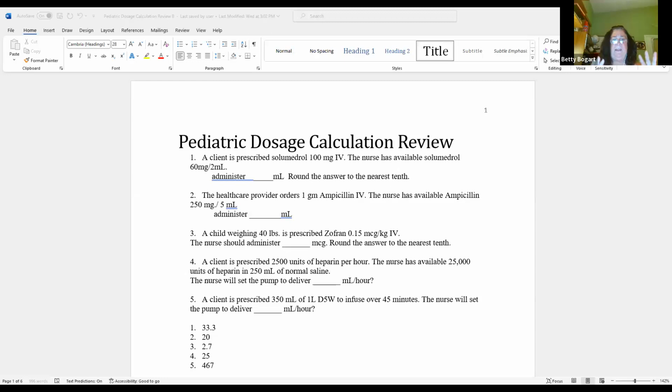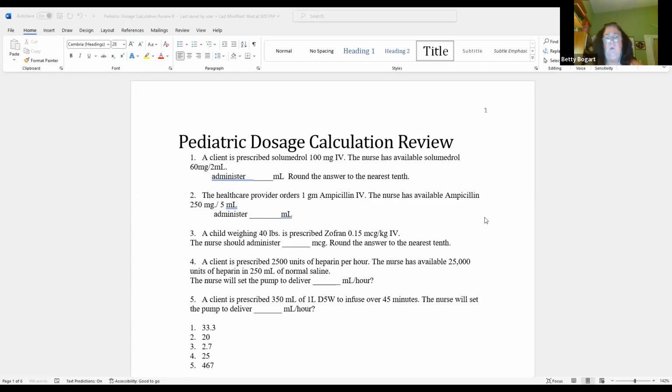Now, these first 5 questions are very similar to what's on the exams. So that's why I put them here. They're not the same numbers, the same meds. It's just the same type of distractions and things in here that you are going to see on any of the 5 questions in your exams.